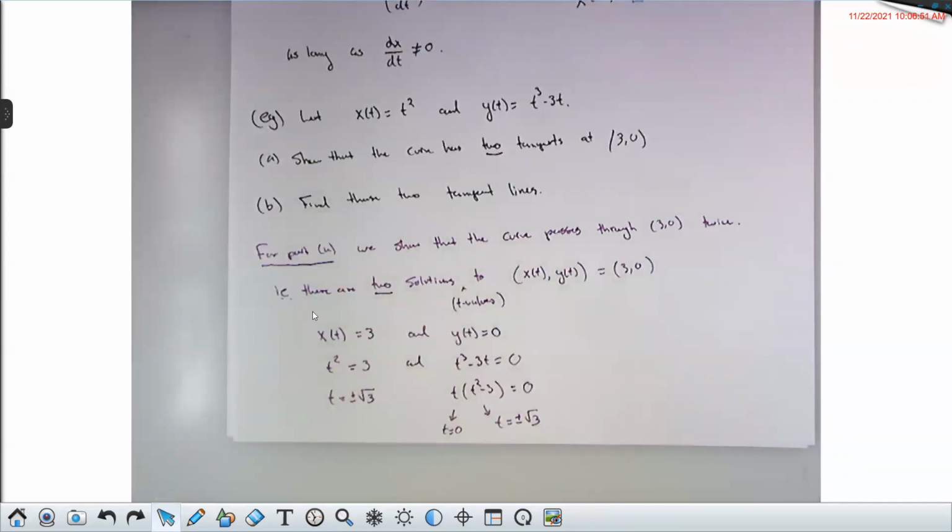And if you want to take this work and interpret it, this means that the x coordinate of that point will be equal to 3 twice: once when t is the negative square root of 3 and once when t is the positive square root of 3. This means that the y coordinate of that point will be equal to 0 three times: once when t is the negative square root of 3, once when t is 0, and once again when t is the positive square root of 3. So this is part A.